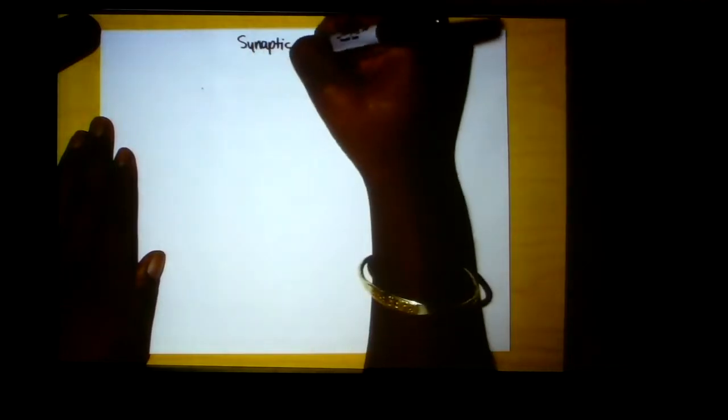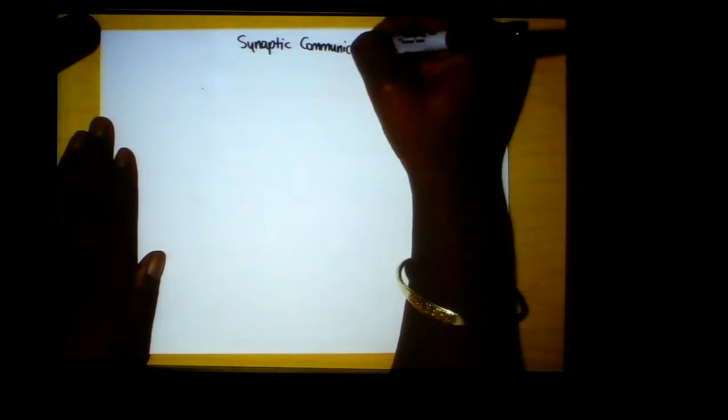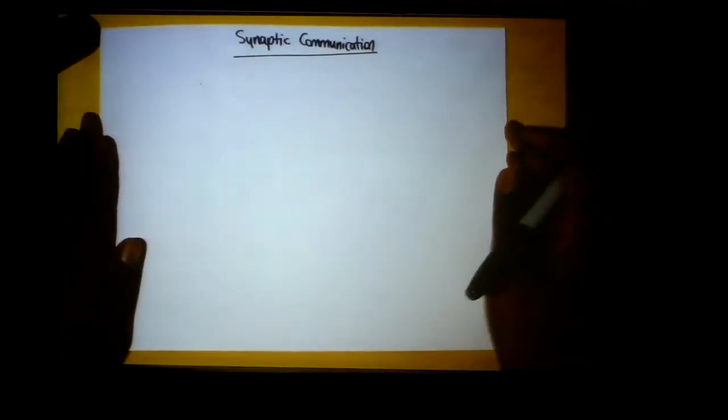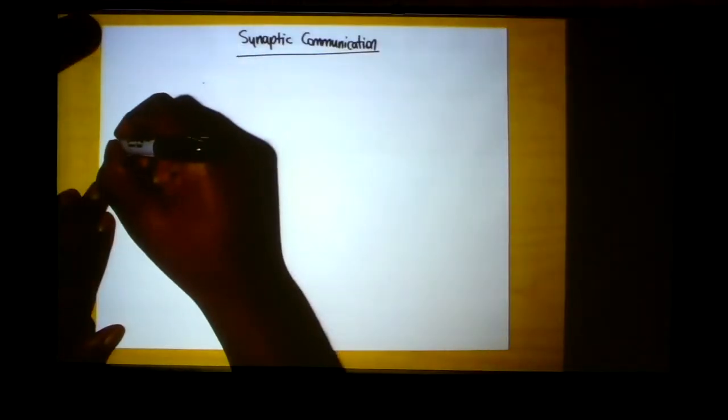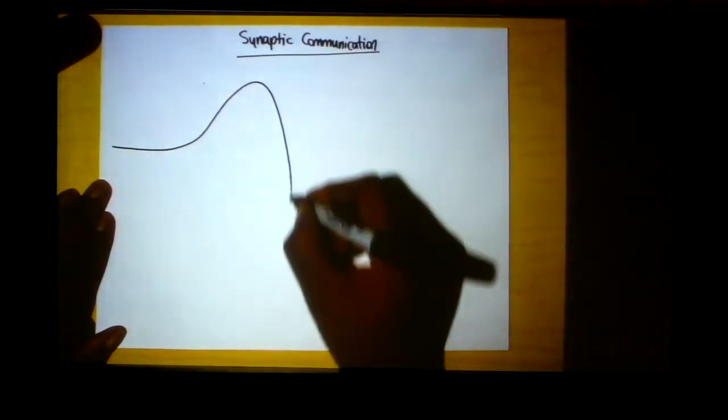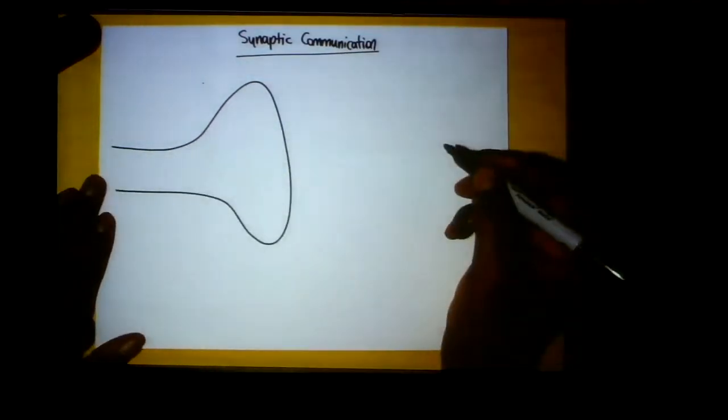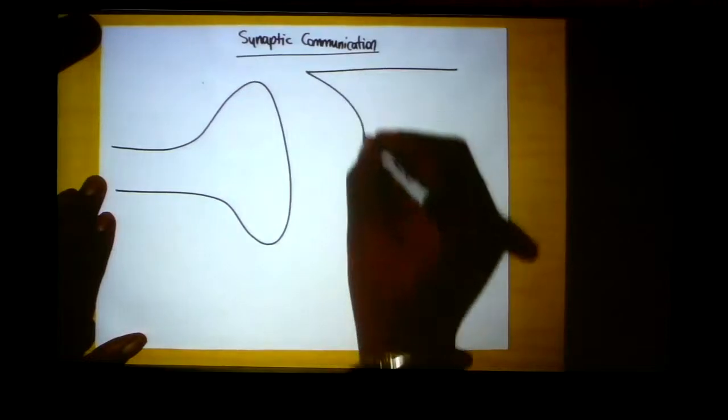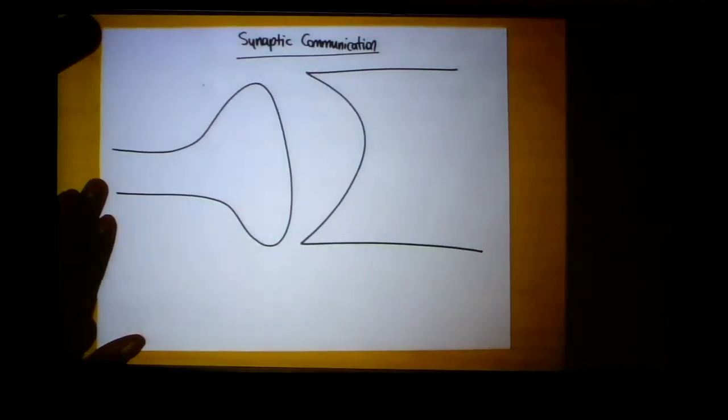Okay, so we're speaking about synaptic communication here. And so we're talking about what's happening on the end of this first neuron, and then what the effect that's brought about on the effector cell is, okay?